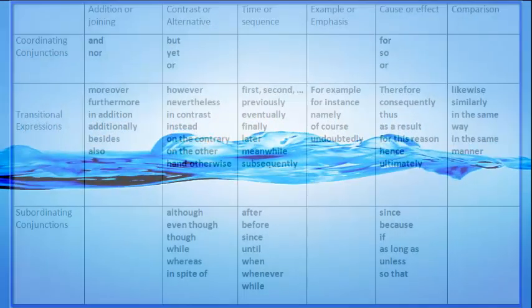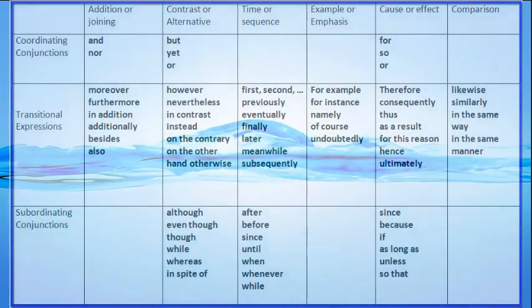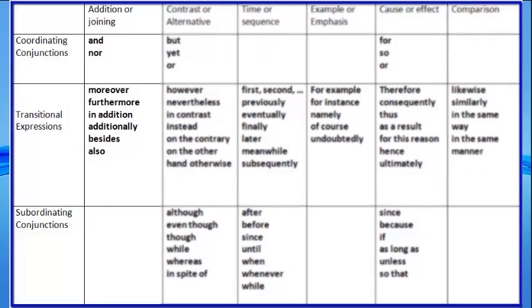Notice that the words and phrases in each vertical column on your sentence joining chart have similar purposes, even if they are not used in the same types of sentences. There are coordinating conjunctions and transitional expressions that add or join.